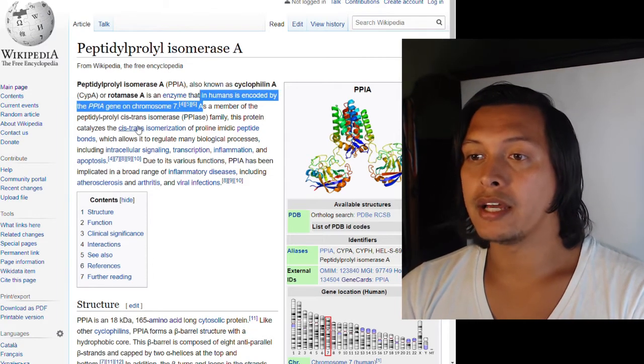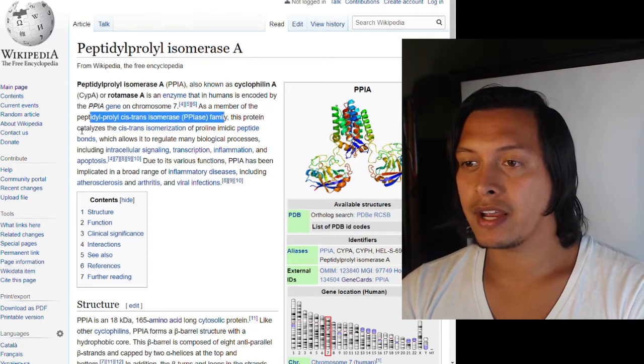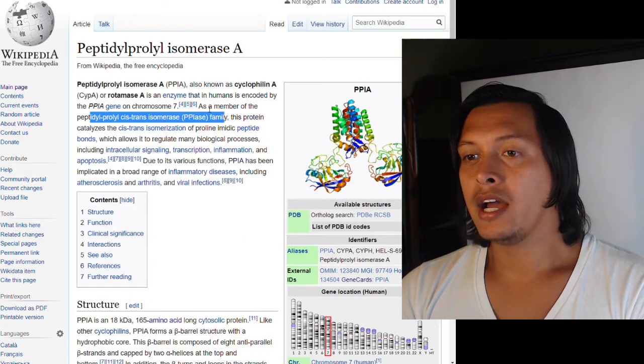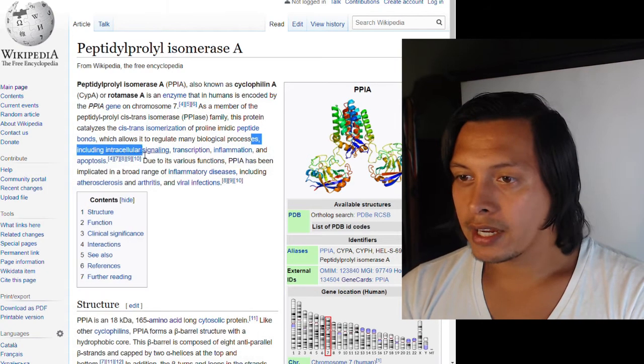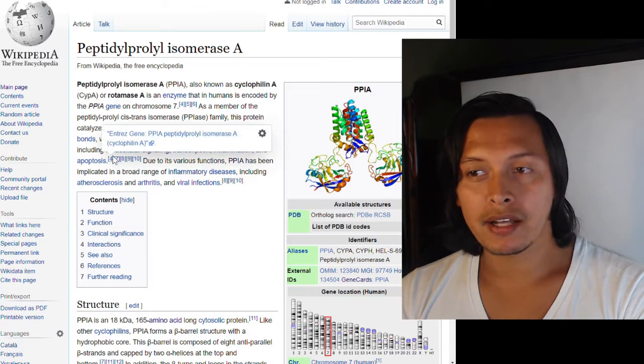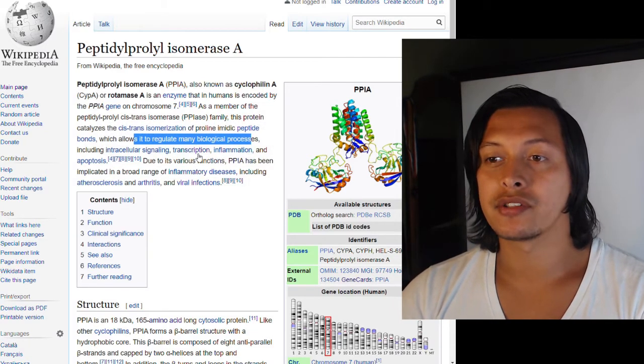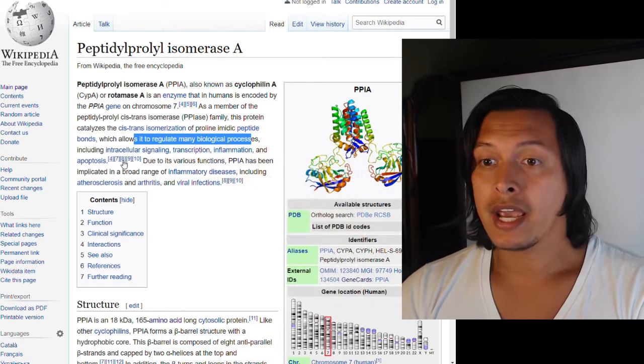It is a member of this family, and this protein catalyzes this isomerization, and it regulates many biological processes, including intracellular signaling, transcription, inflammation, and apoptosis.